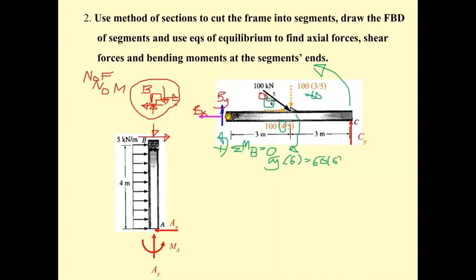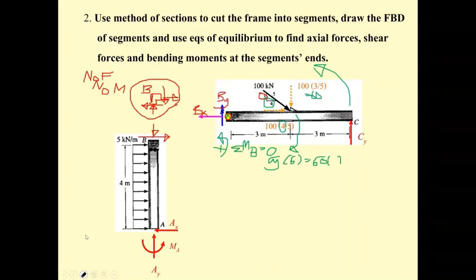Okay, and then this is 60 times 6. So the C is, oh, what happened? No, this is not times 6. This is going to be times 3, not 6.